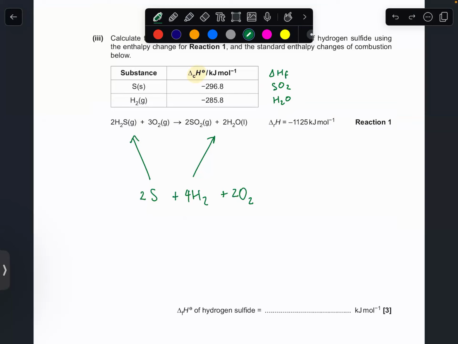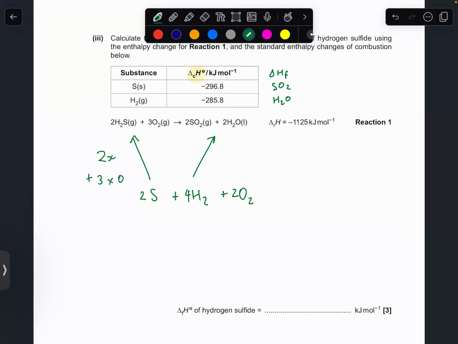Now, the enthalpy change of reaction is given here. They want us to work out the enthalpy change of formation of hydrogen sulfide. So really, that's 2x, because you've got 2 moles. We only want x on its own, plus 3 times 0.